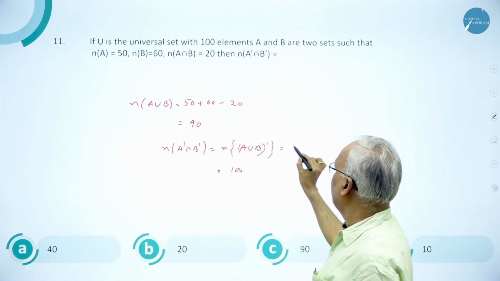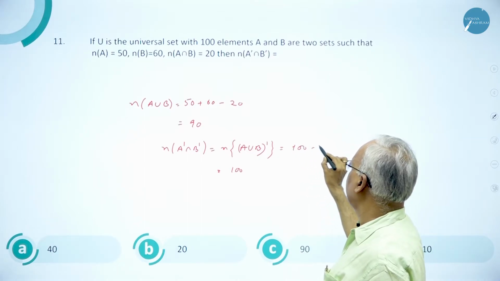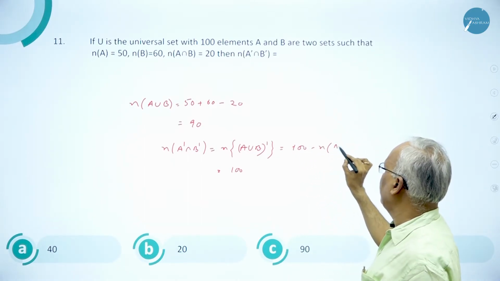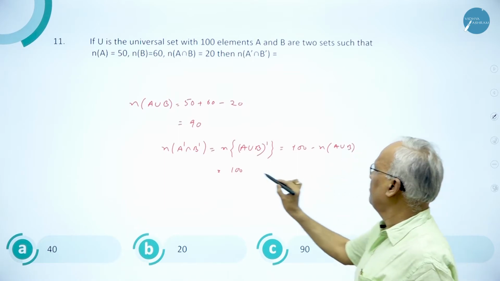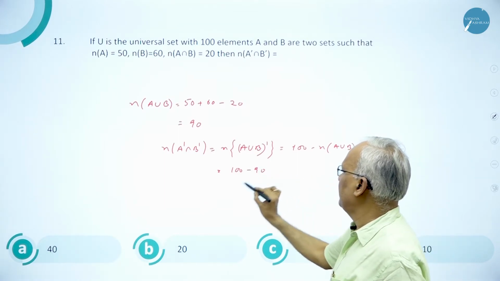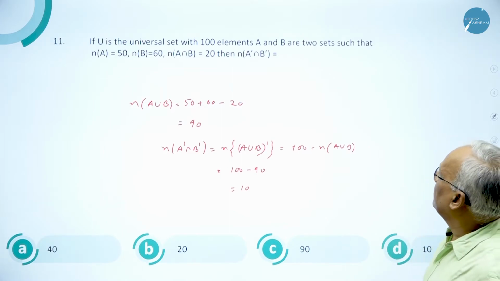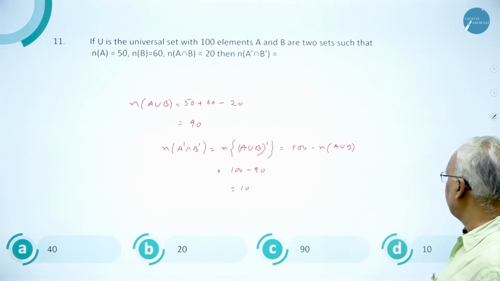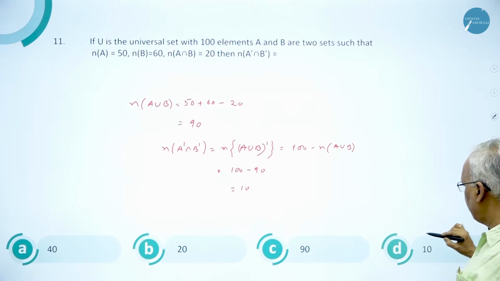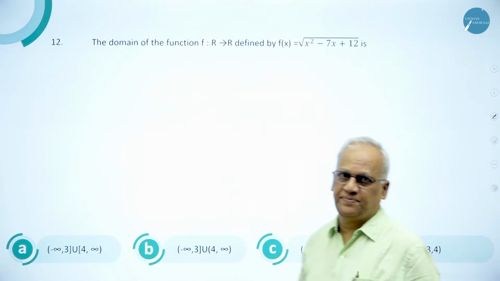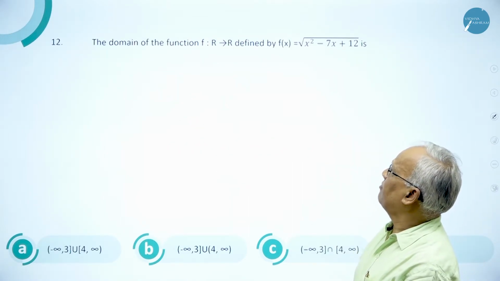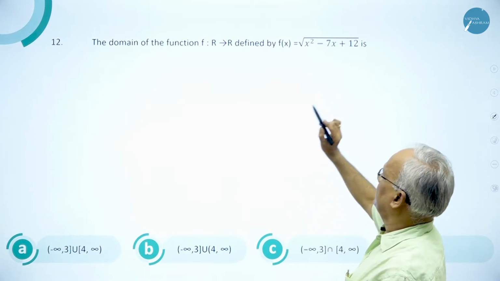It is nothing but 100 minus n of A union B, which is 100 minus 90, which is equal to 10. So the number of elements in A dash intersection B dash is 10. Answer is 10.